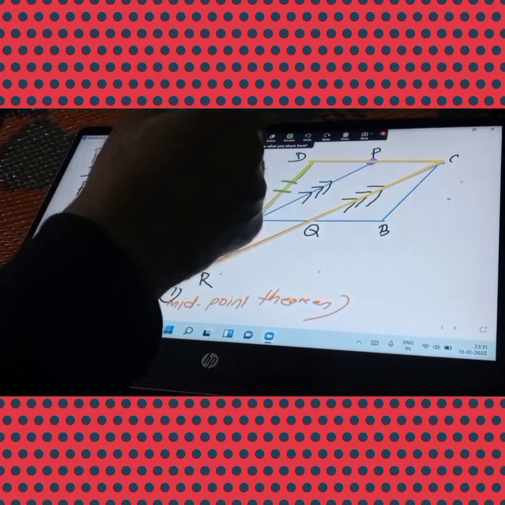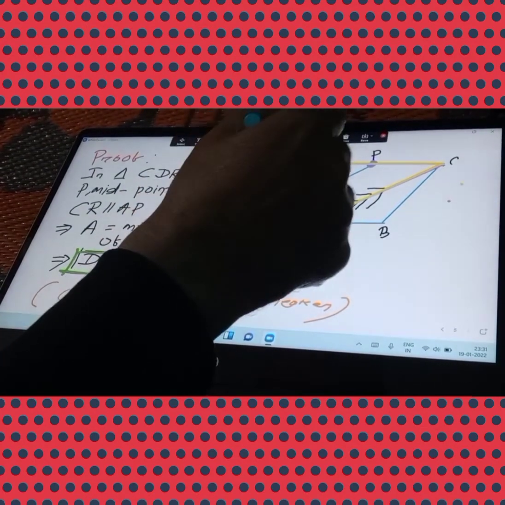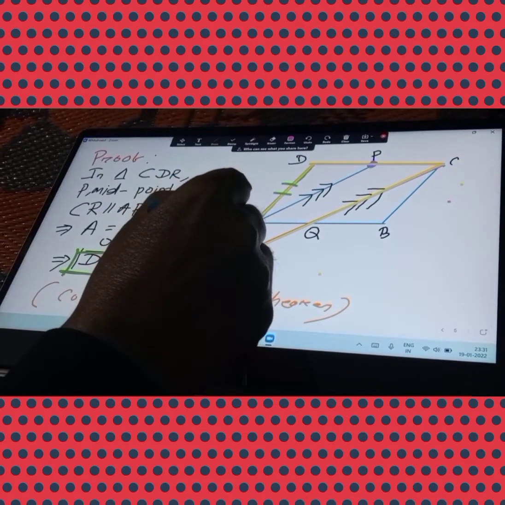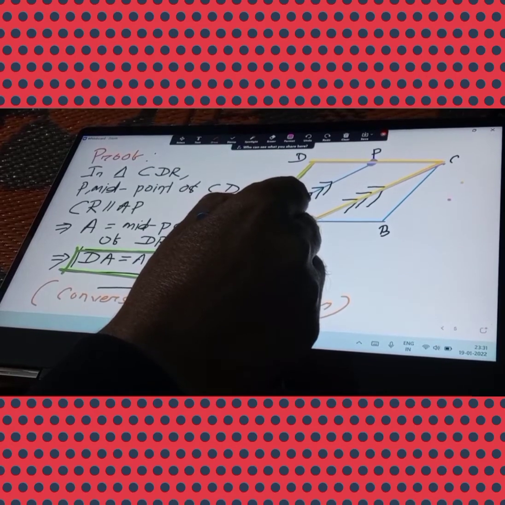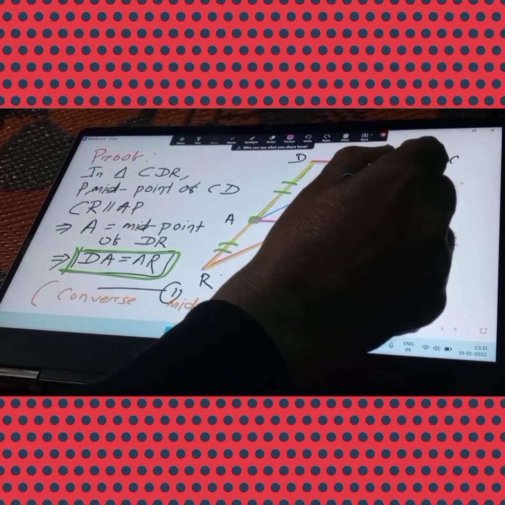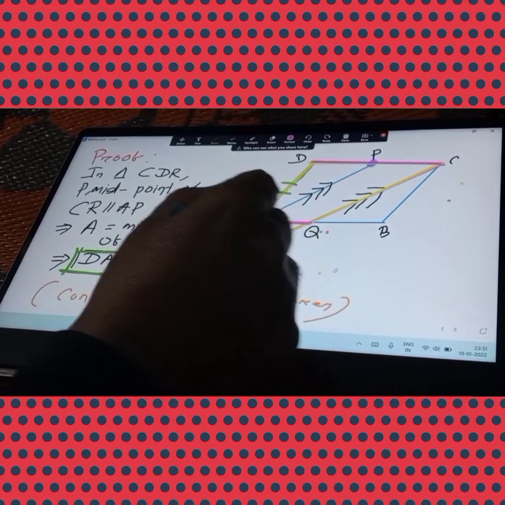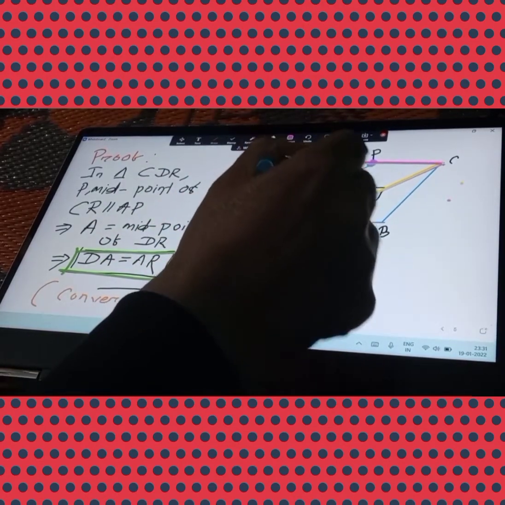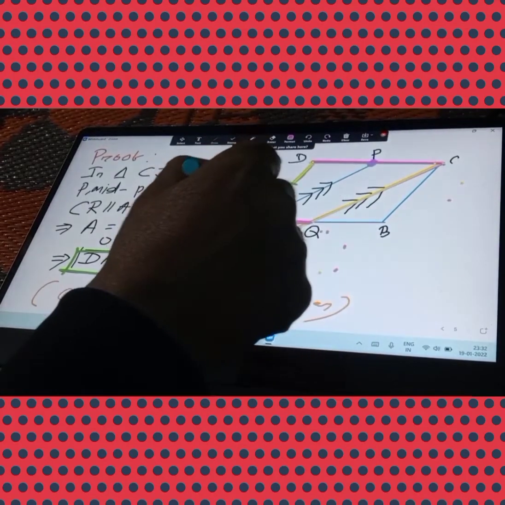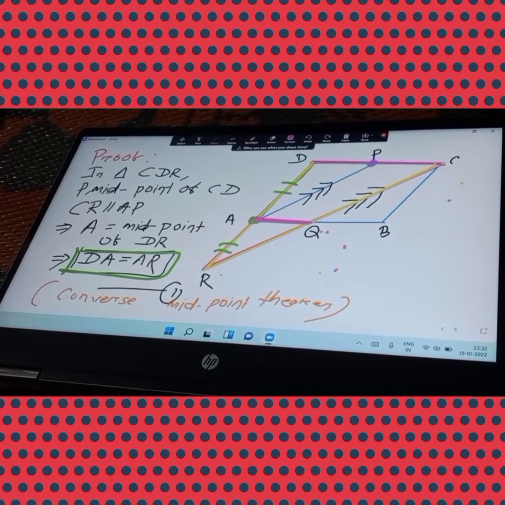And again you clearly see here, what are you seeing here? The AQ. Yes, AQ is parallel to DC. AQ line is parallel to DC line. Why? Because AB is parallel to CD, because ABCD is a parallelogram.